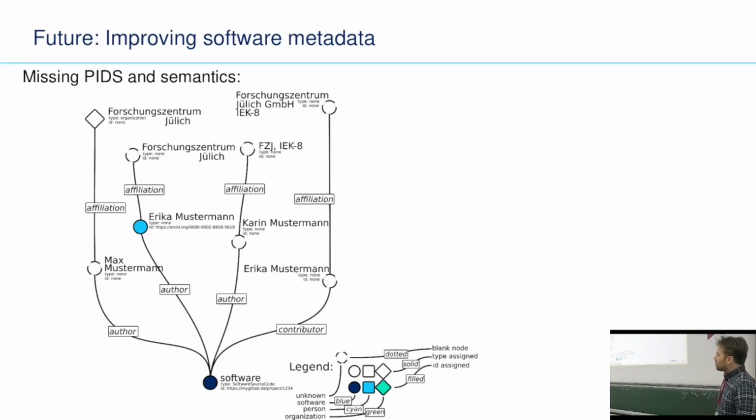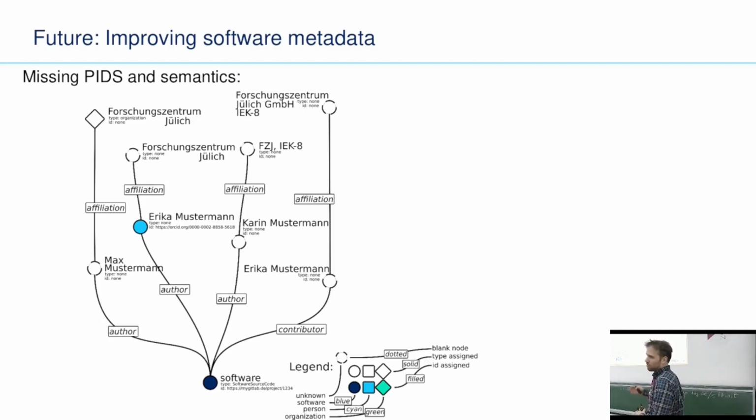Now what's the status on the metadata? Most of the metadata, not only for software but also from the NASA assets that we get, is not semantically well annotated. If you plot a graph of this, you see, for example, that the affiliation is just a string, and people use different strings, so you're not completely sure if this is the same thing.